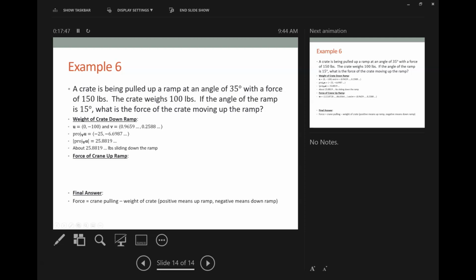Everybody happy with this? Now do the same thing for the crane projected onto the ramp. So my crane vector is 150 cosine 35, 150 sine 35. And my ramp vector is still the same.